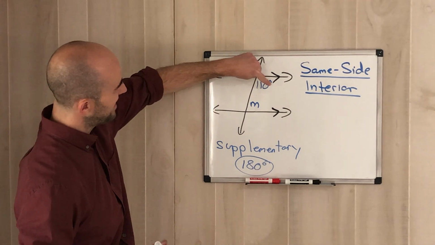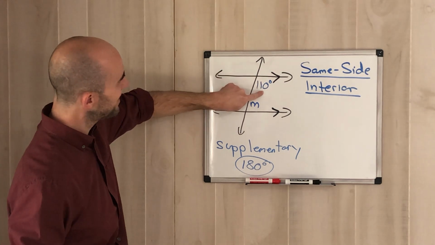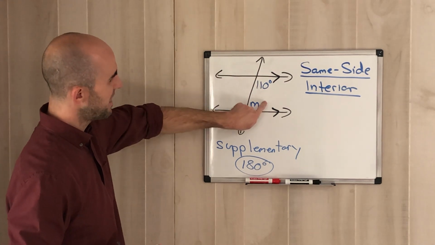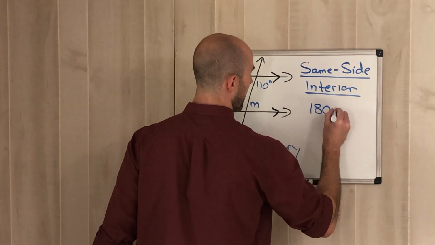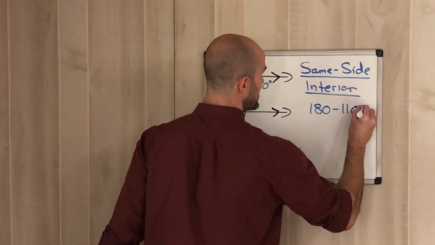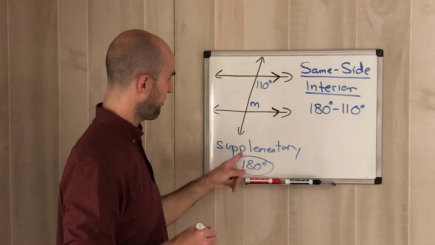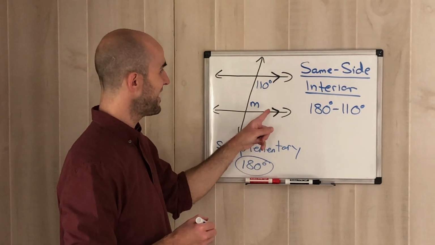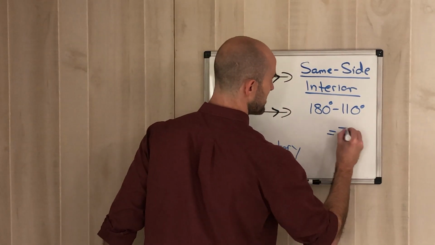So if we know those two add up to 180, and that's 110, the way we figure out M is we do 180 minus 110. The reason we use 180 is that same side interior angles are supplementary, which means they add up to 180. So 180 minus 110 gives us 70 degrees.